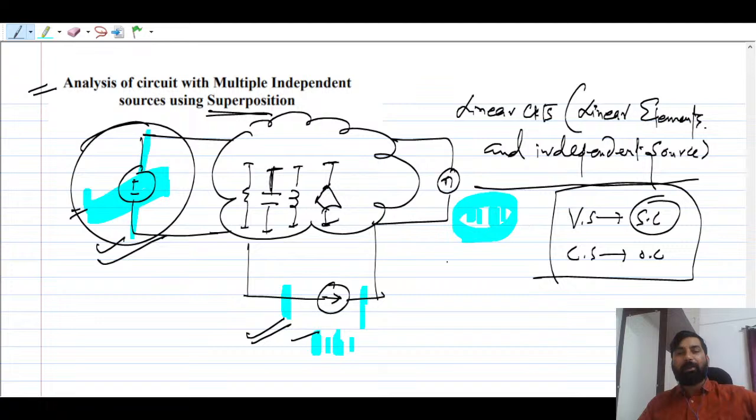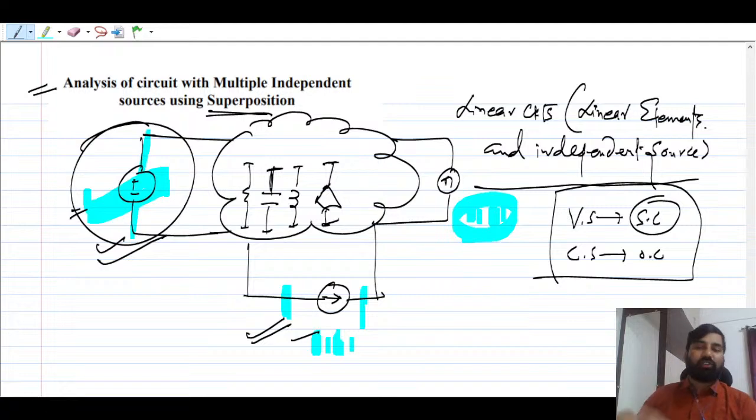I'm talking about independent current sources or independent voltage sources. You have to replace them in order to deactivate them. So if only one voltage source is acting, the other current source has to be open. Understood? That is very, very important to keep in mind. Then the overall response you can add. That is the technique that you can always go for.